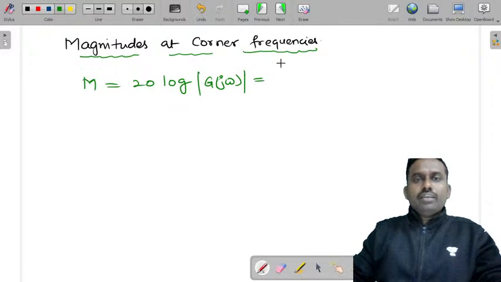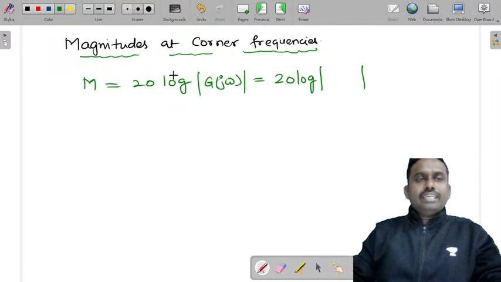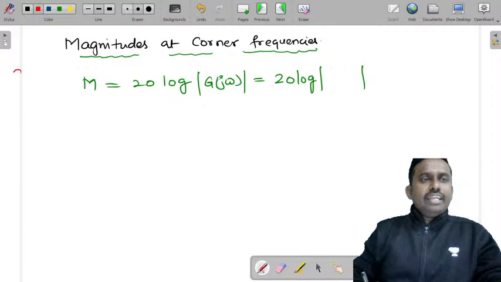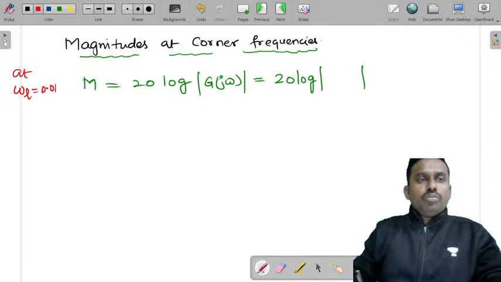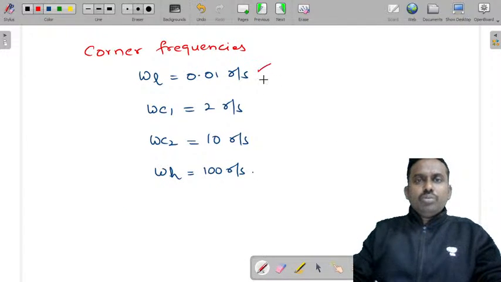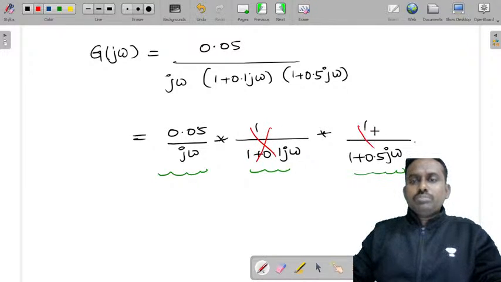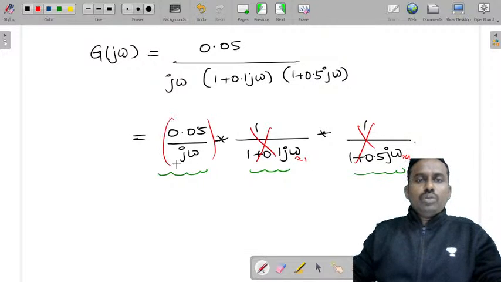See, this we are finding at omega L. What is that value? 0.01 radian per second. Now, if you compare 0.01 with 100 radian per second, this seems to be a very low frequency. That is the reason we will neglect these two terms, approximating them as 1. We'll only consider this 0.05 by j omega.